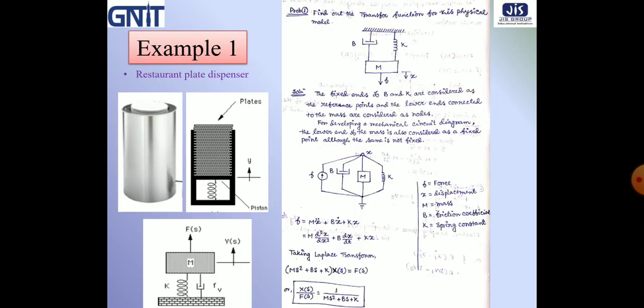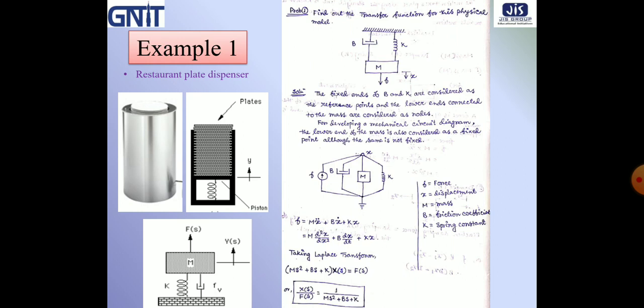Here is an example. One simple spring mass damper system is the restaurant plate dispenser. In a restaurant plate dispenser, there is a piston which acts like a damper, and there is a spring, and the plates over the piston act like a mass.